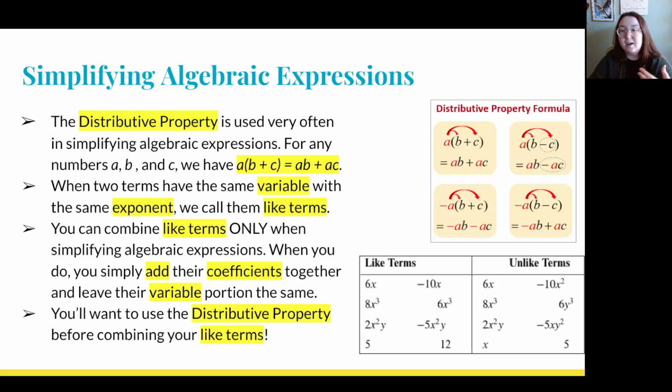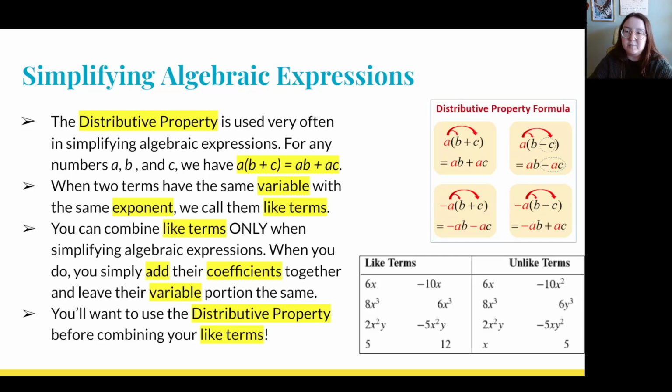into a sum or a difference. So having a times b plus c, we distribute the a. Since a is being multiplied by the sum or difference, we can distribute that a so that it multiplies to each term within the sum or difference.